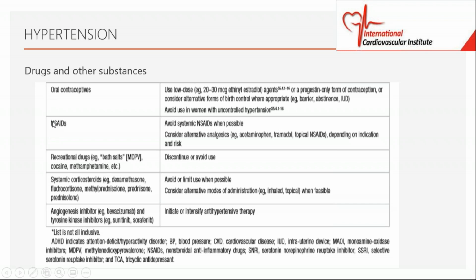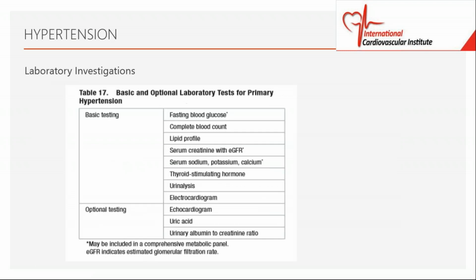A lot of patients having arthritic pain are put on NSAIDs, which elevate the blood pressure as well. So recreational drugs, bath salts, cocaine, methamphetamines, steroids. Remember, if the patient's taking steroids, that can elevate blood pressure. And these angiogenesis inhibitors. So these are some common substances, some of them over-the-counter, some of them herbal, that can elevate the blood pressure.